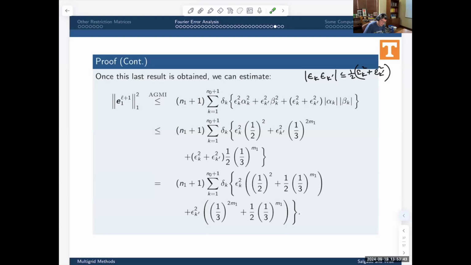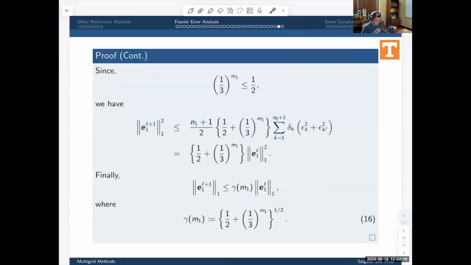Notice that I've gotten two terms out now, ek squared times a collection of numbers and ek prime squared times something which is similar. Not exactly the same, because this guy is 1/2 squared. This term here is the same, right? So I want to make these two terms the same so I can extract that common coefficient.